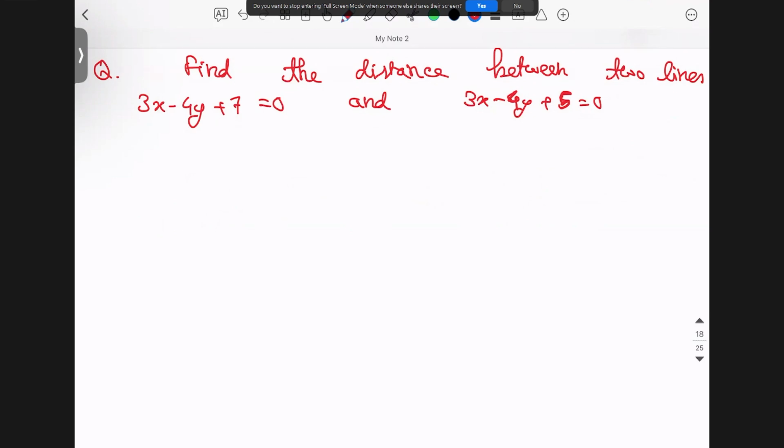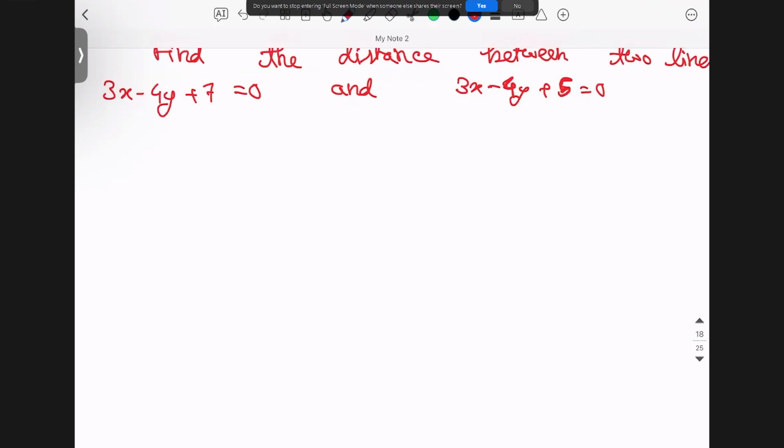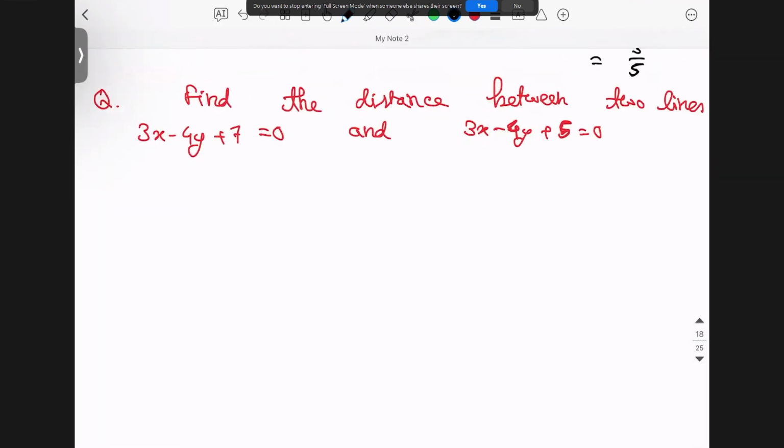Now the first question that comes here is whether these two straight lines are parallel. For that, we need to check that the slopes of the two straight lines are the same. So let us rewrite these two equations in a different form.